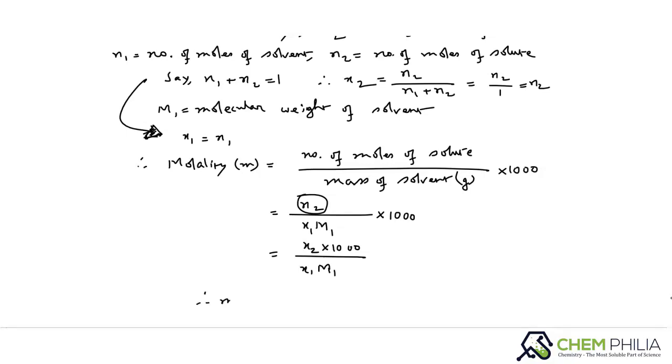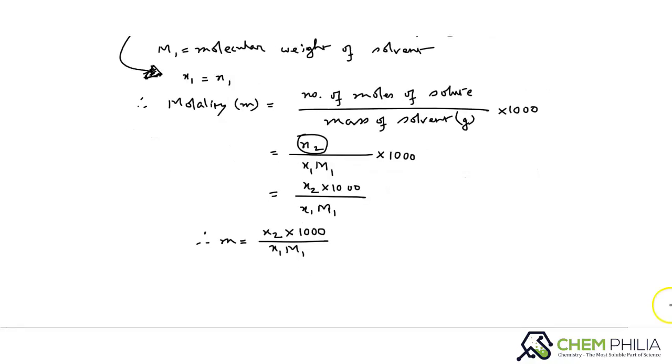Therefore molality is equal to x2 into 1000 divided by x1 m1. So I hope you have understood how we have obtained this relation. So molality is nothing but x2 into 1000 by x1 m1.